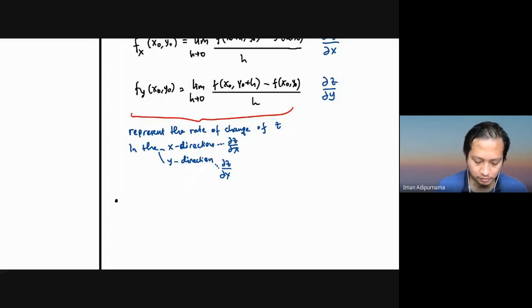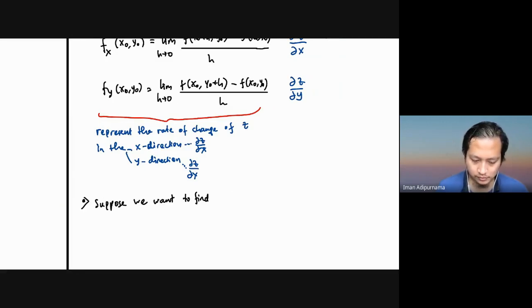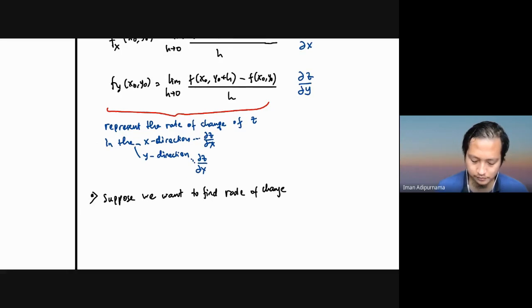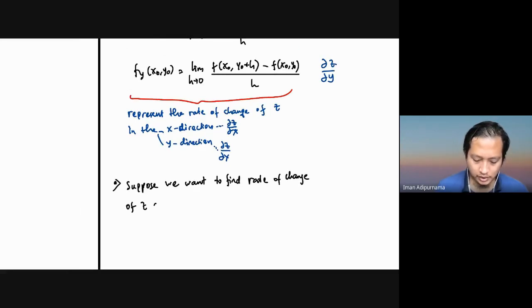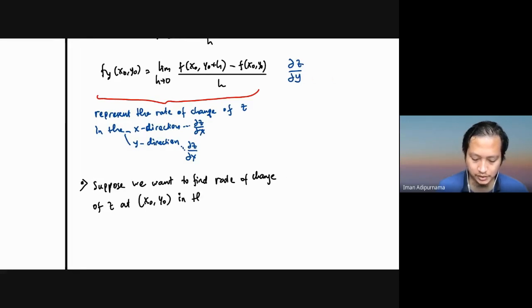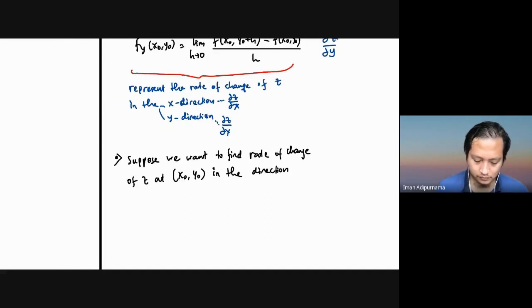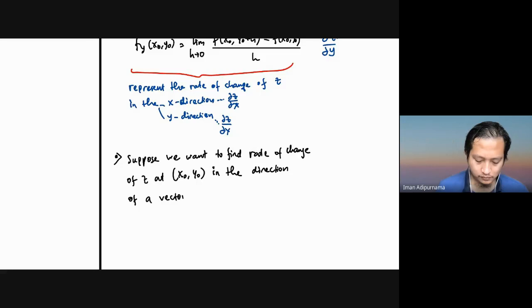But now the problem, suppose we want to find a rate of change of z at a point, but in the direction of a unit vector u.